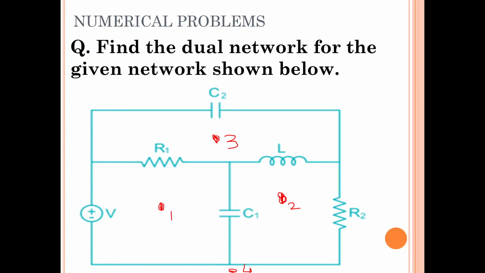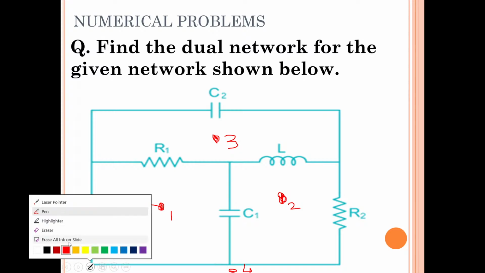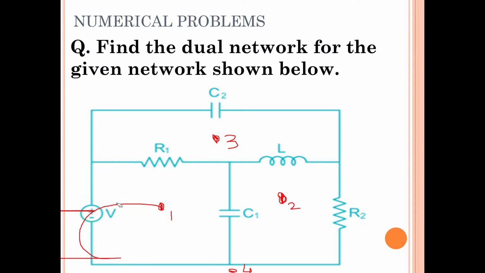So from node 1 through this source, what is the source? Voltage source. What is the dual element of voltage source? Current source. The dual element of voltage source is nothing but current source. So from this, draw a dotted line, not a straight line.